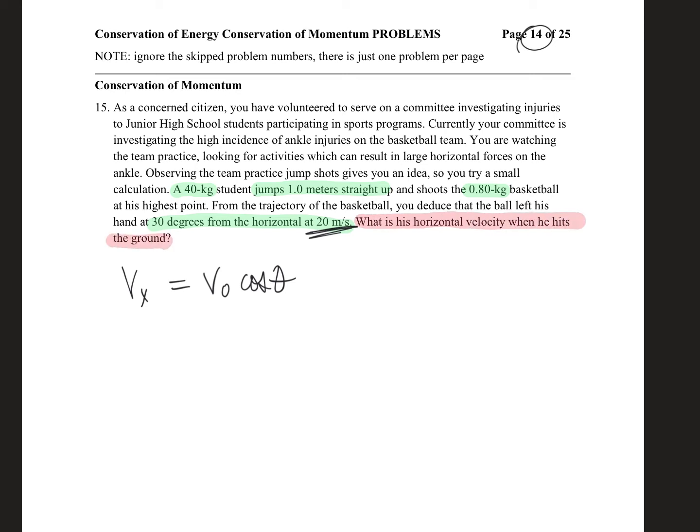So this gives us a clue that I need to deal with horizontal velocities. Well, this is easy. It'll be 20 meters per second, that's the initial speed, times cosine of 30 degrees. That means 17.3 meters per second.